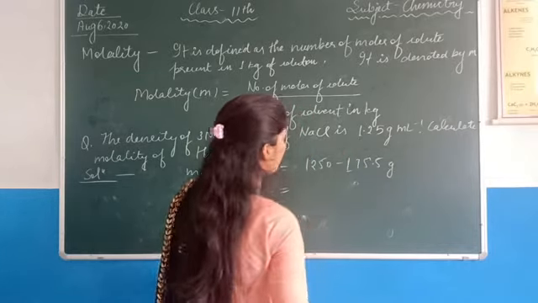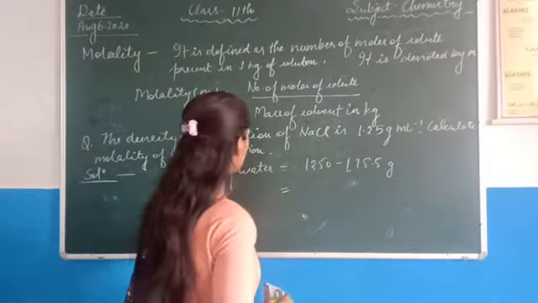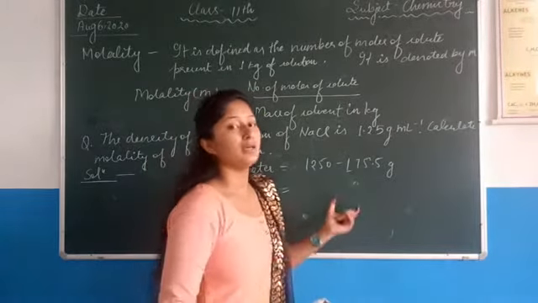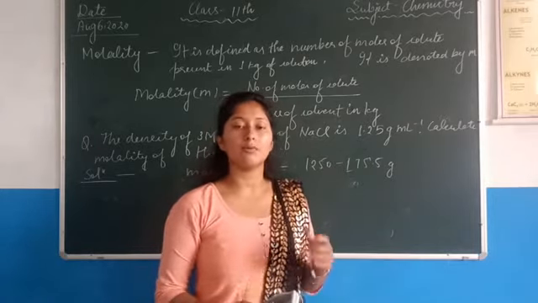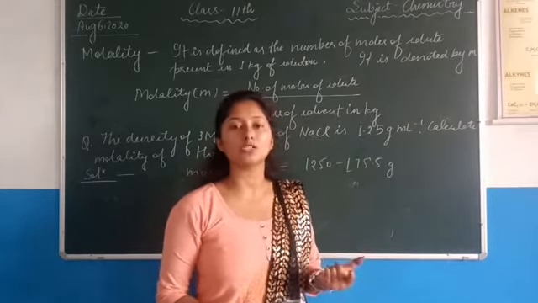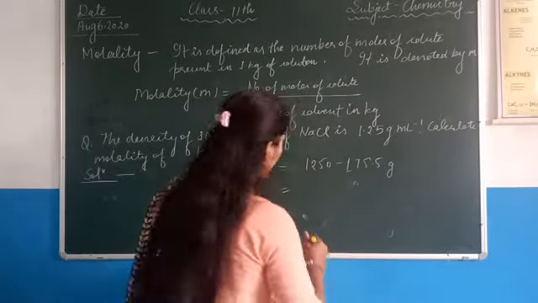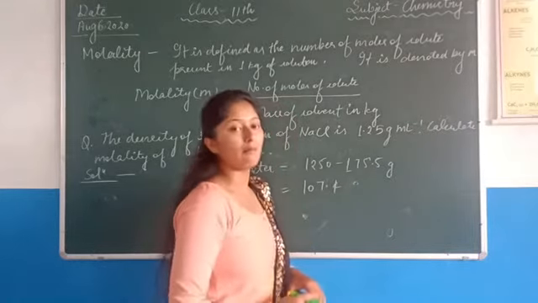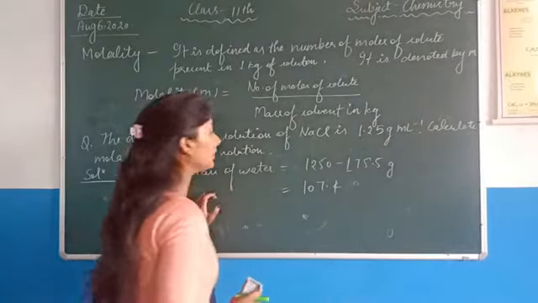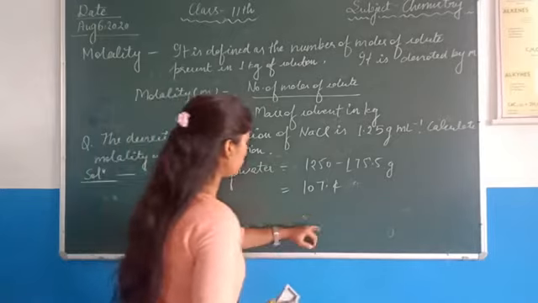So what we get? We get mass of water by subtracting mass of NaCl from mass of solution. Okay, so we get 1074.5 gram of water present in 1 liter of solution.